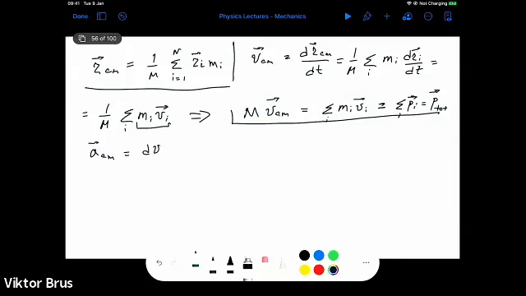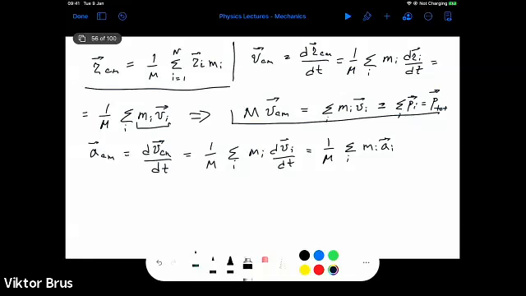So dv center of mass divided by dt, equal to 1 over m, sum over all bodies, product of mi dvi dt, and it is equal to 1 over m, sum over all i, mi ai.